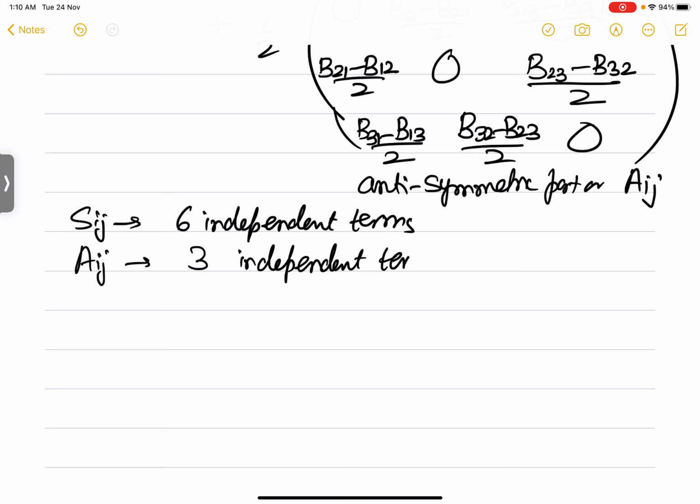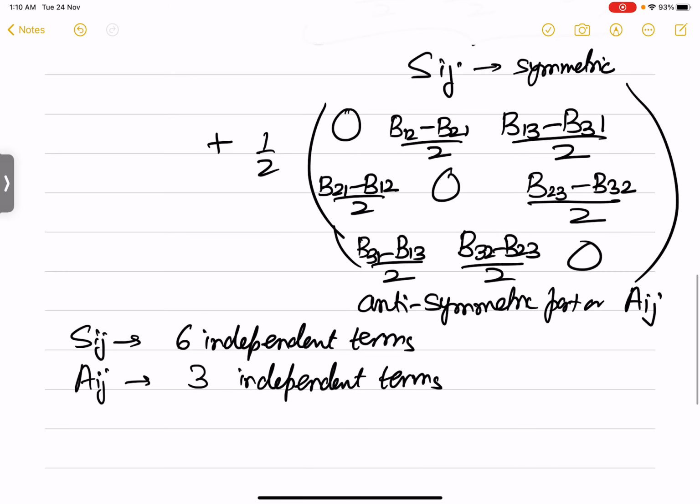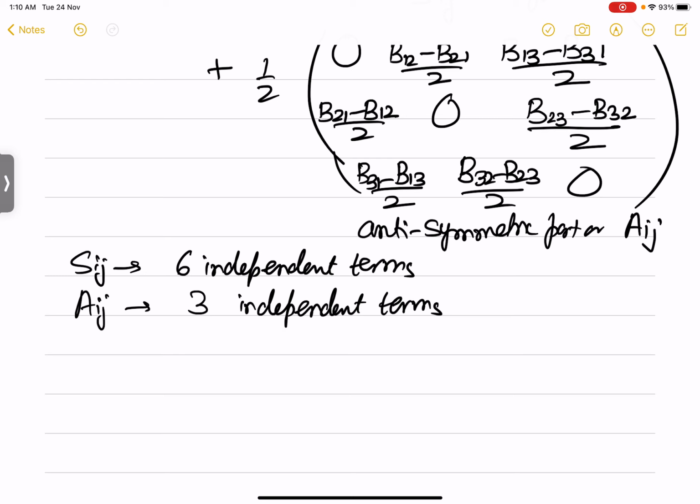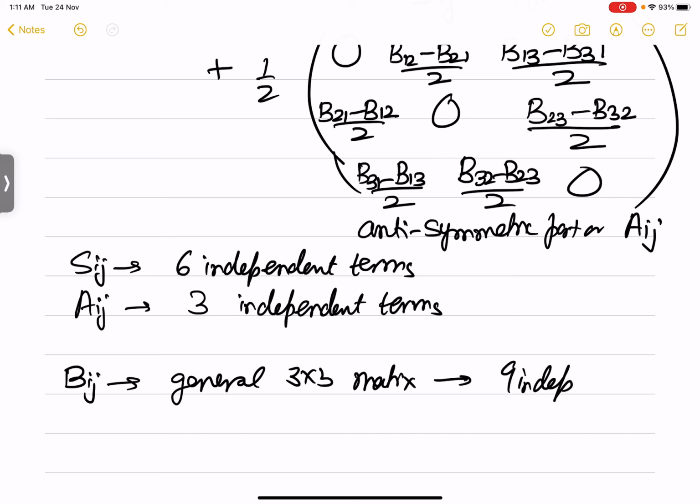Why is that so? Because the 3 diagonal terms in Aij are 0 and the other 3 terms off diagonal are related to their mirror images. And actually, if you look at it, Bij was a general 3 by 3 matrix and this had 9 independent terms. So this sort of matches.